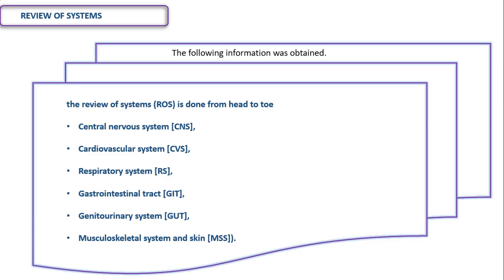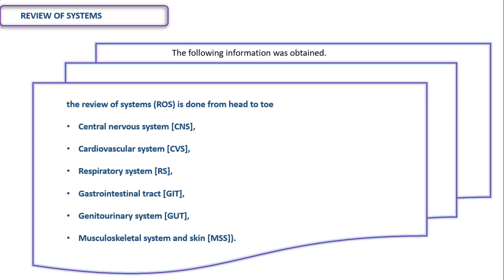So, review of systems. Now that the patient came in with stomach pains, that's a GIT, gastrointestinal tract system. But sometimes patients may have other problems in other systems that they think are not a main concern for them.